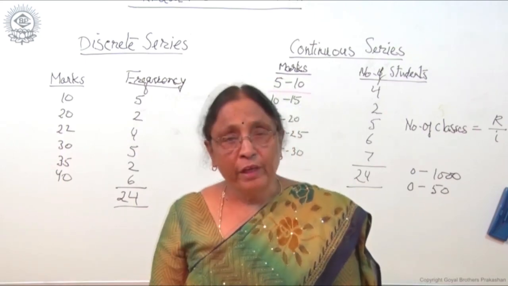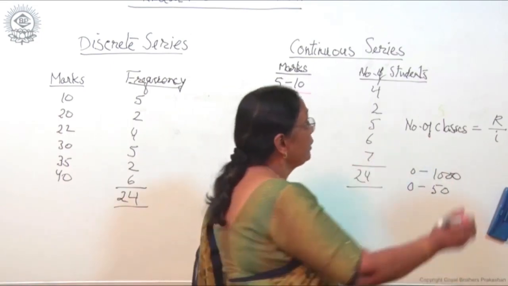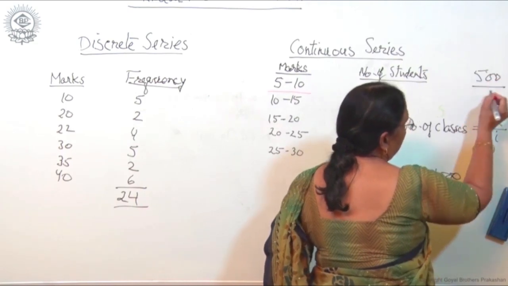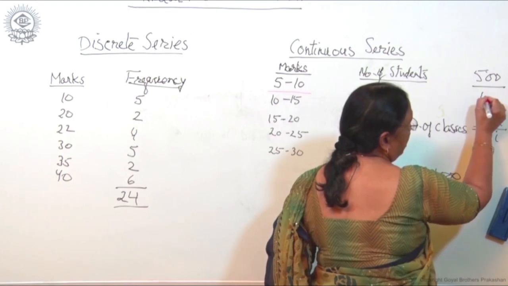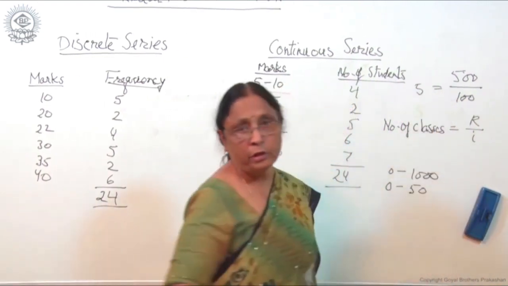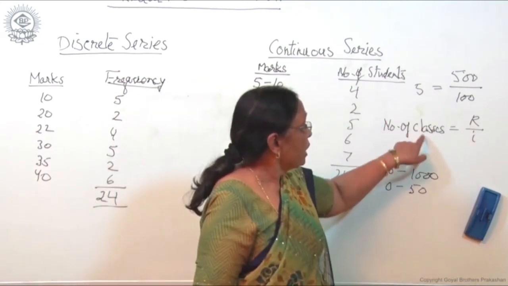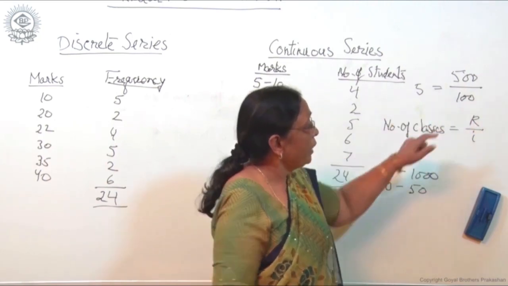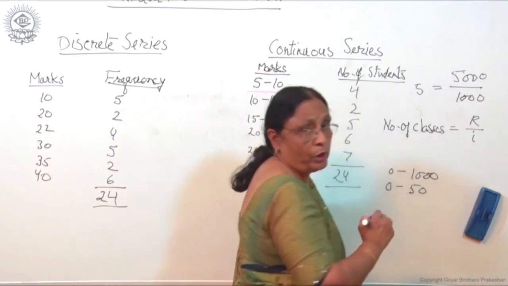If you want 5 classes, then what class interval will you take? 500 divided by the class interval, that is 100 you will take, and the number of classes will be 5, right? So the number of classes becomes 5 when you take the class interval of 100. If there are 5000, then you can take the class interval of 1000.